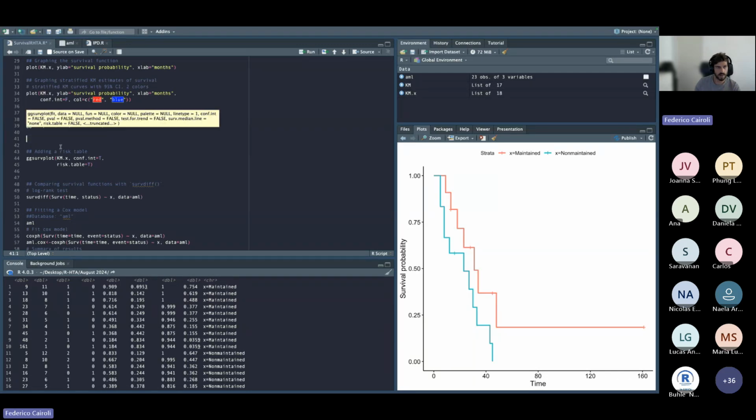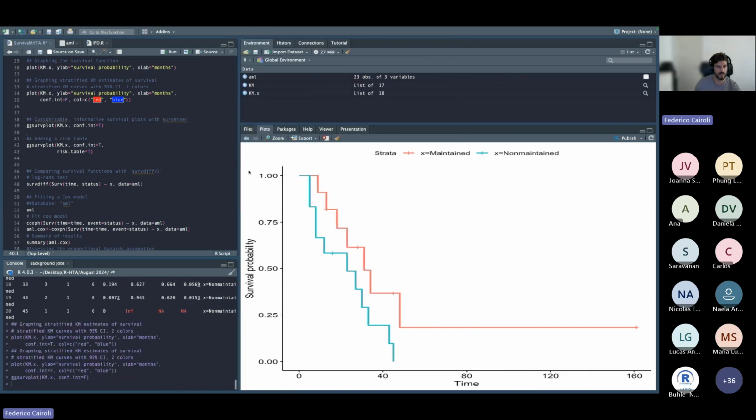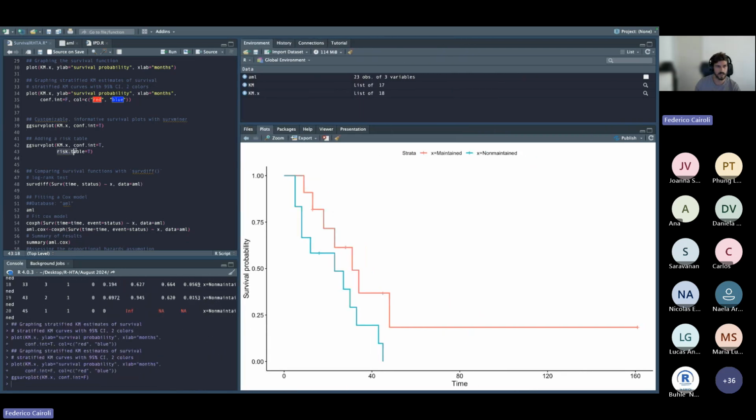And what we can add also is the risk table that we have seen before in the New England Journal of Medicine. So what we have to do is put confidence interval true or false, and then put risk.table equal to true or false.